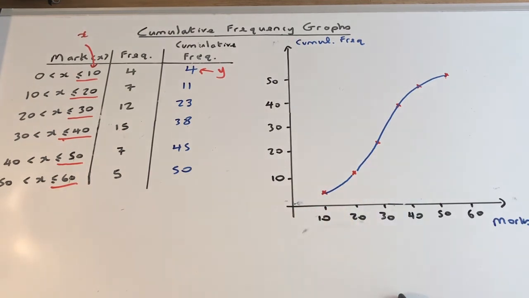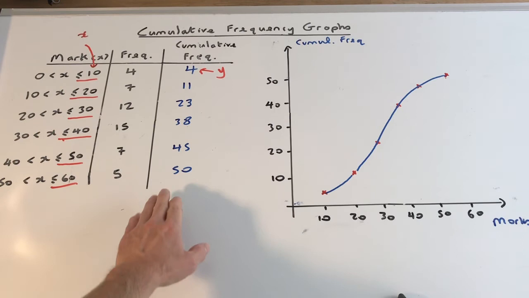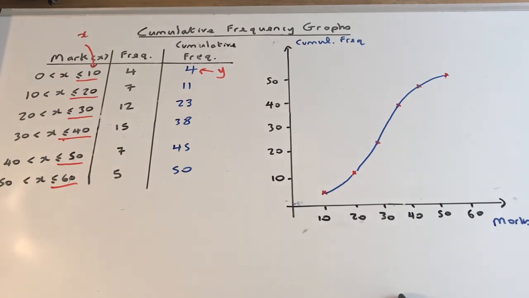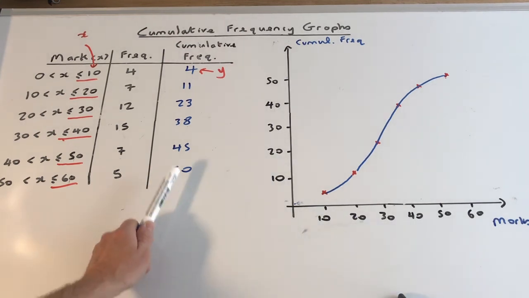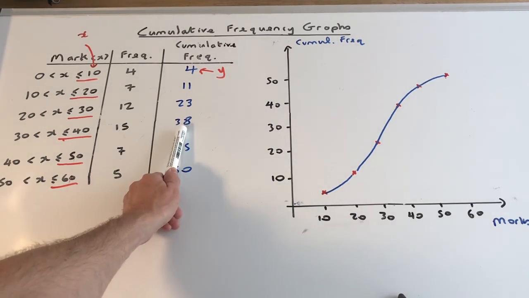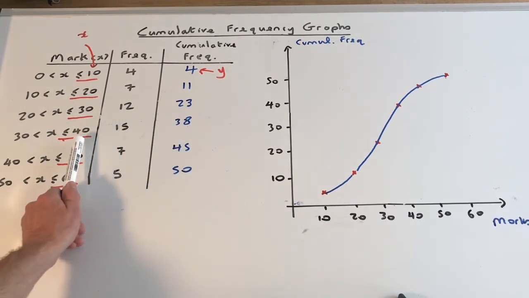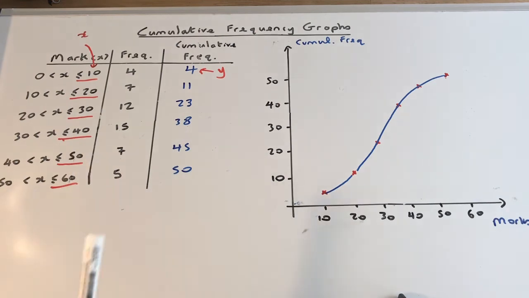Okay, so just briefly before we get to the next video, you're going to make a cumulative frequency table when you're drawing these. When you do the cumulative frequency table, think carefully about what each of these running totals means. For example, what does the 38 mean? 38 means 38 students, in this case, scored between 0 and 40.